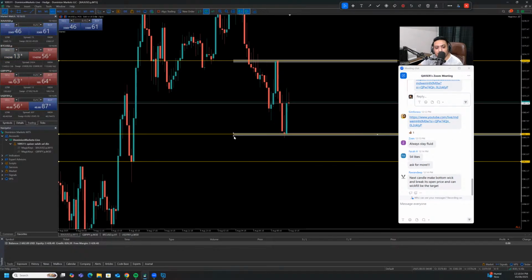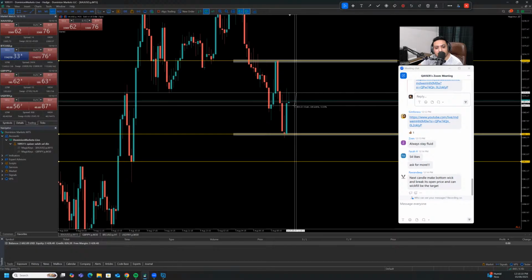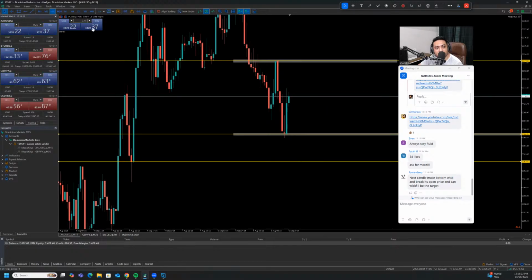This is the new support we just got now. If I want to give my trade a chance, it just created a wick. If it breaks its own opening price, the stop loss will be 16 pips. I just cannot risk more than that. It could be a risky one.